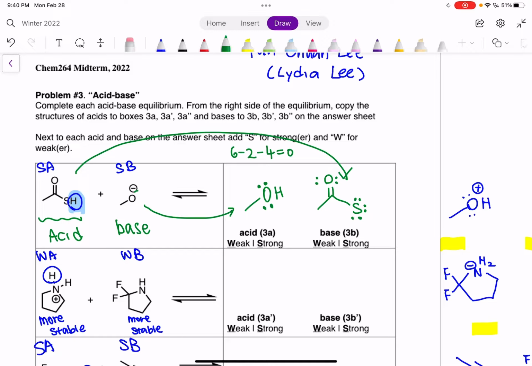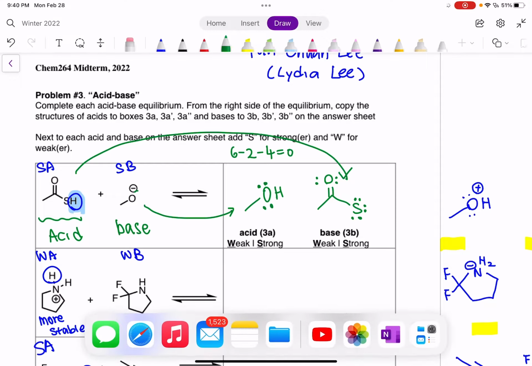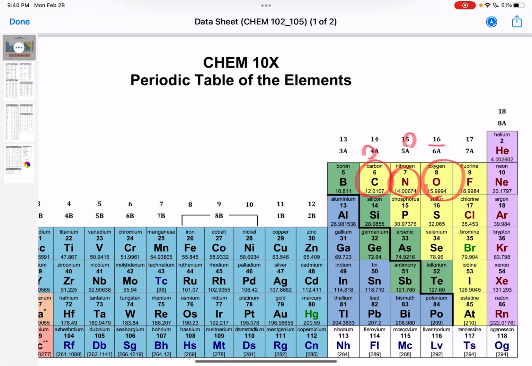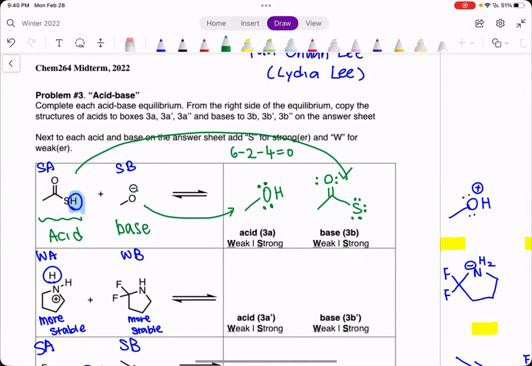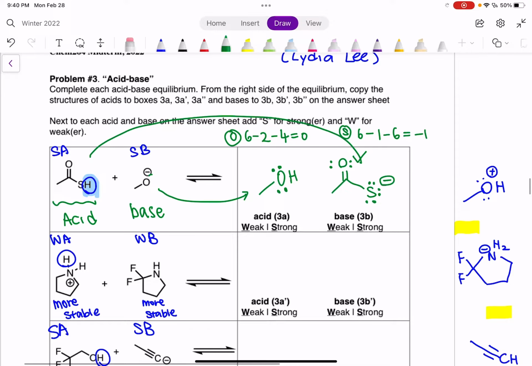Sulfur is group 16 as well, so we have 6 minus, this is for sulfur, this is for oxygen, don't misunderstand it. So this is 6 minus the bond number, which is 1, minus 1, 2, 3, 4, 5, 6, minus 6, which is -1, which makes the formal charge -1.